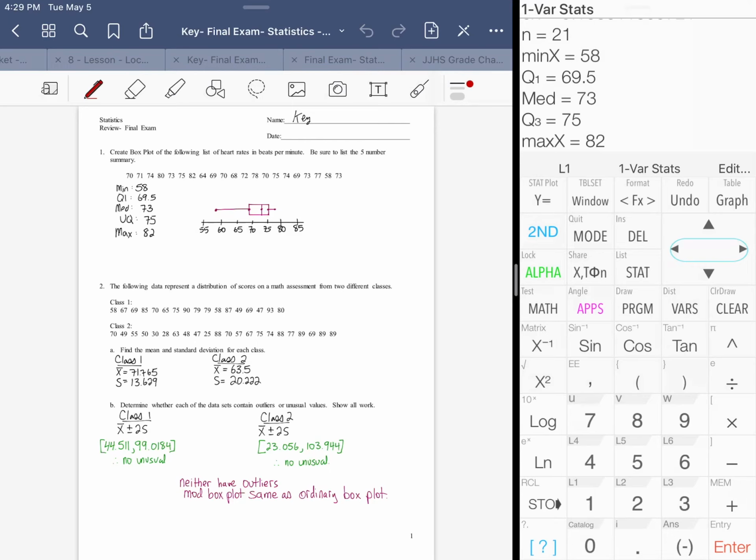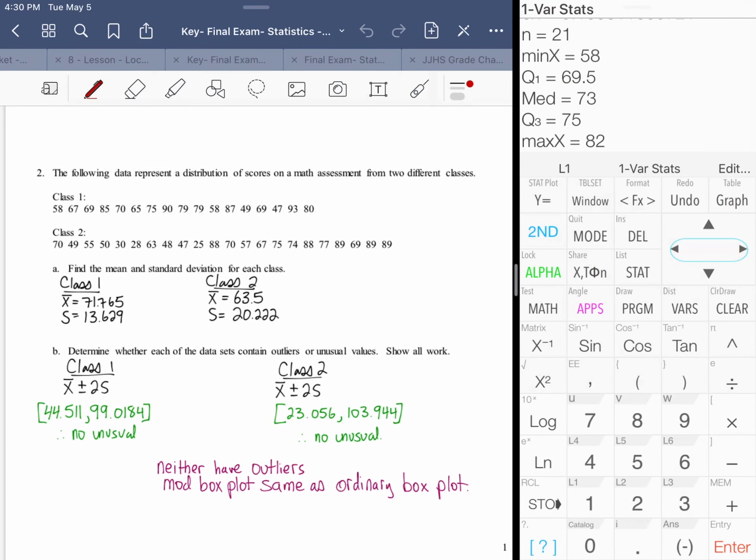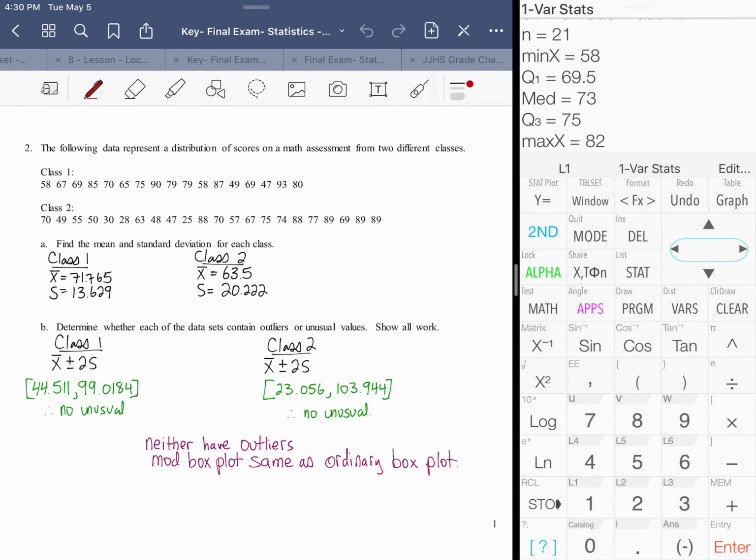I want it to start off with a value less than my minimum and end up with a value greater than my maximum. Could I have gone from 50 to 90 by 10s? Sure. Could I have gone from 0 to 100 by 25s? Sure. I chose to go from 55 to 85 by 5s. And so that's how you create a box plot.